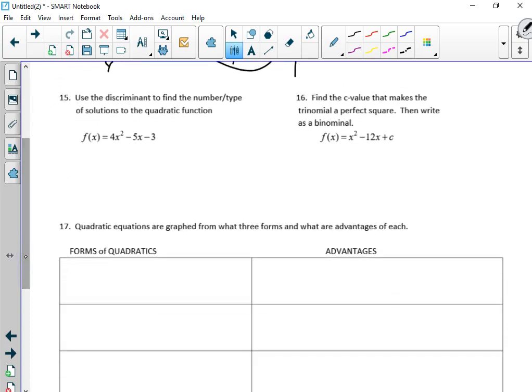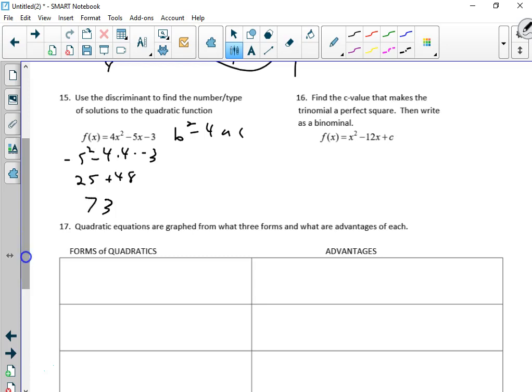Discriminant. Remember, the discriminant is just b squared minus 4ac. It's the thing under the radical. So negative 5 squared minus 4 times 1 times negative 3. Negative 5 squared is 25. Negative 4 times 1 is negative 4, negative 4 times negative 3 is plus 12.